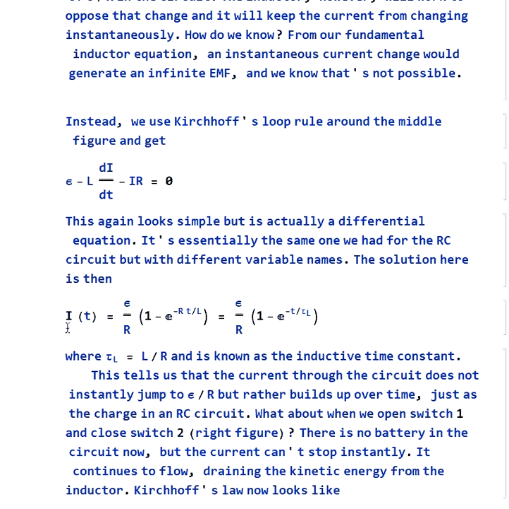So here our solution is the current as a function of time is battery voltage over R times 1 minus e to the negative Rt over L. Here we're going to define an inductive time constant instead of the capacitive one we had before. That's L over R. And what it tells us is the current doesn't instantly jump from 0 to this, but it builds up over time, just like the charge in an RC circuit.